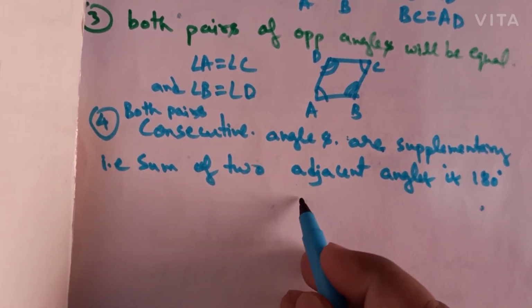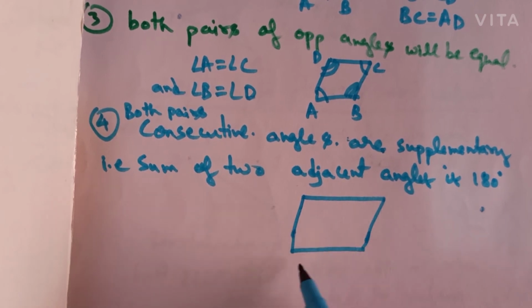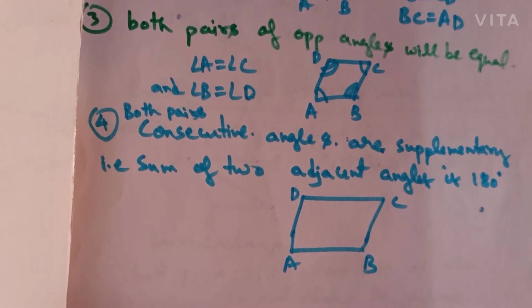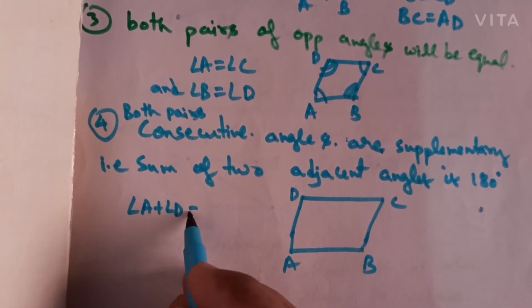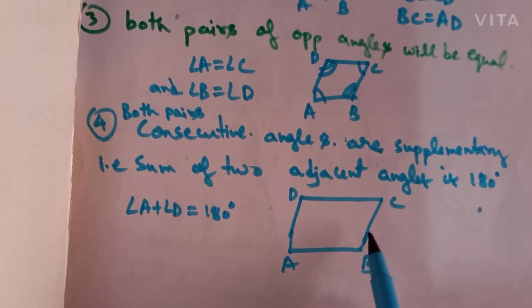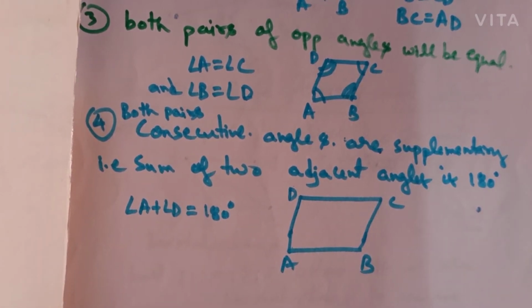Like for example, if we take a parallelogram A, B, C, D, then angle A plus angle D is equal to 180 degrees. Similarly, angle A plus angle B will also be 180, angle B plus angle C will also be 180, angle C plus angle D will also be 180 degrees.